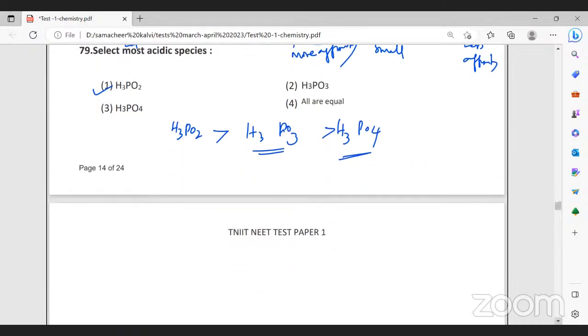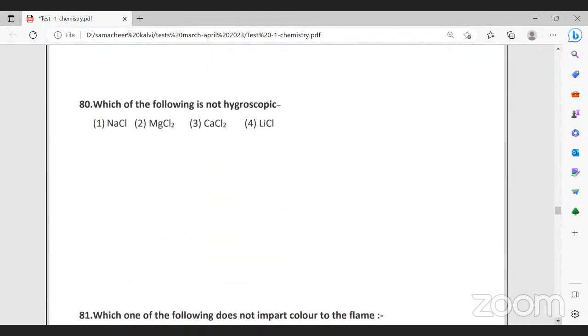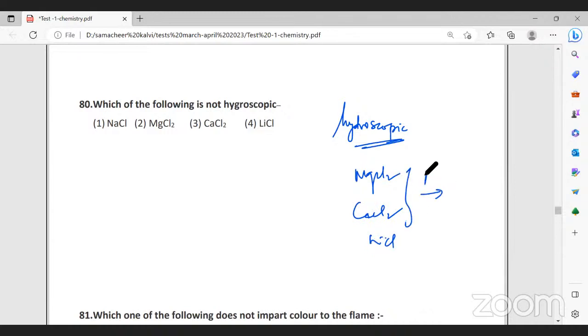The next question: which of the following is not hygroscopic? What do you mean by hygroscopic? Now, magnesium chloride, calcium chloride, lithium chloride, when exposed to air, start melting. It becomes like a viscous solution.